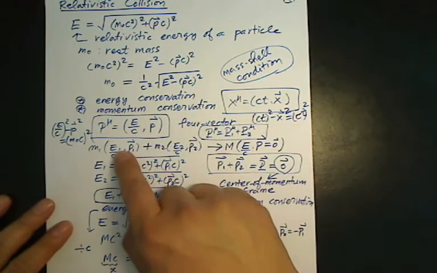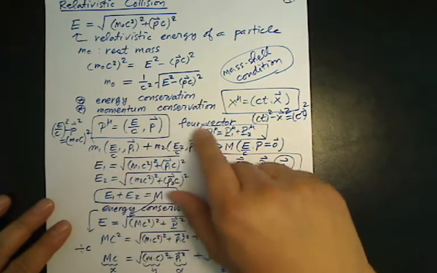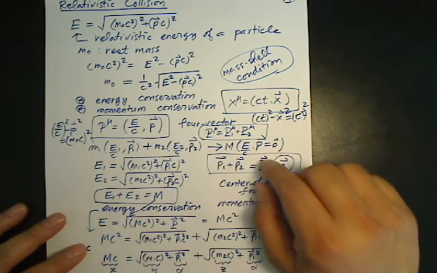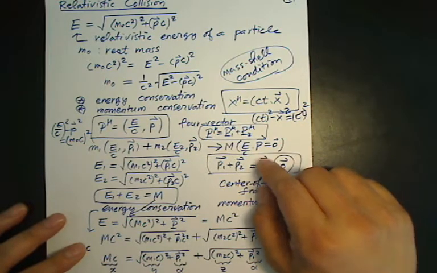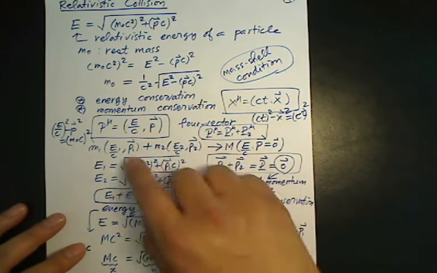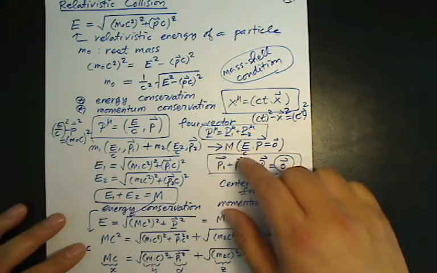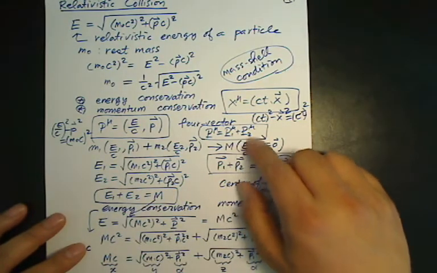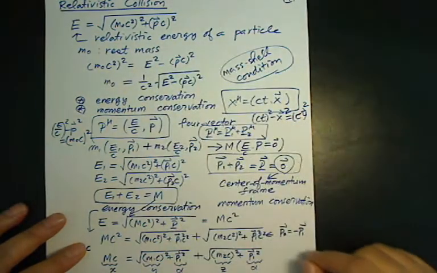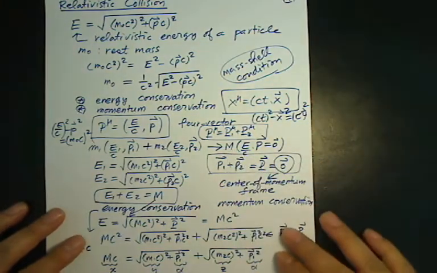That is, this is the first four-momentum, this is the second four-momentum, and this is the final state four-momentum. If we copy these first elements, we have the energy conservation, E1 plus E2 equals E over c. But when momentum becomes 0, E over c should be M0 c. This M0 is the capital M.